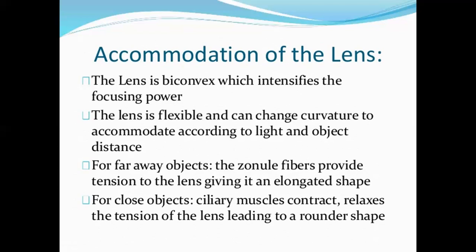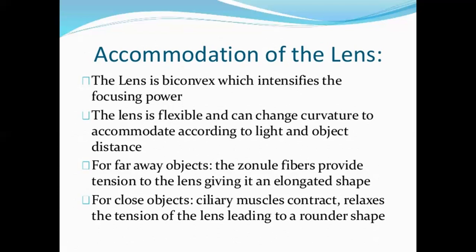The lens is flexible and can change curvature to accommodate according to the light and object distance. If the object is at a greater distance, the object is seen as small in size.